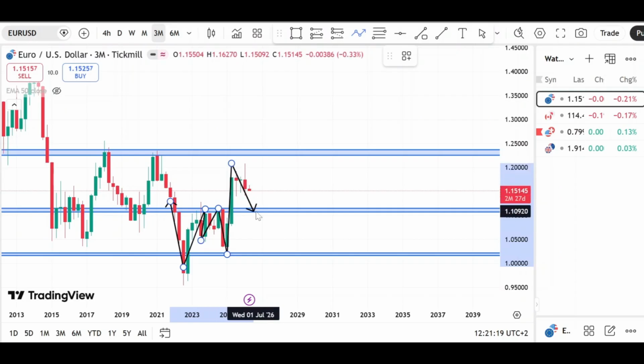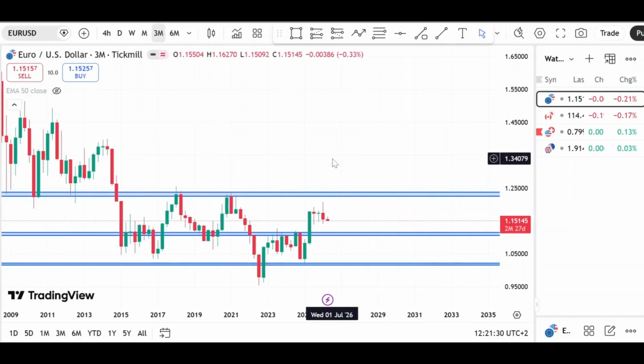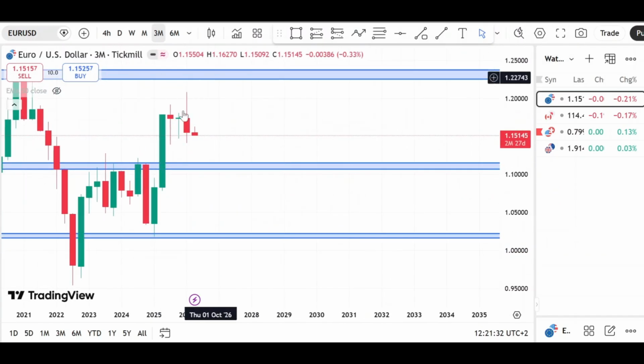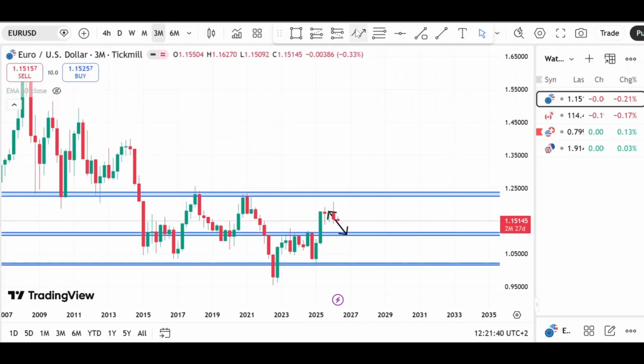We expected the price to return back here to create a lower high, higher low before going to complete this zone. So we are in a pullback phase, and we can expect the price to return back here on this 3-month before continuing in the uptrend.